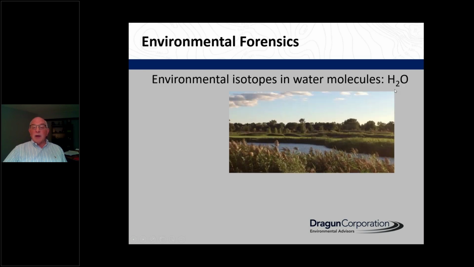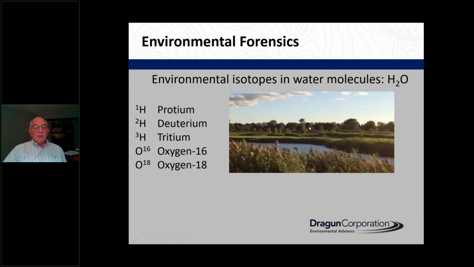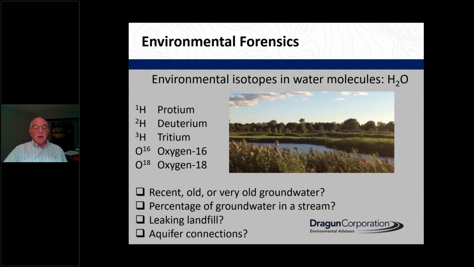So in the water molecule, H2O, we have 3 hydrogen isotopes. We actually have 3 oxygen isotopes, but we typically only use oxygen 16 and oxygen 18. And we can use this information to identify recent, old, or very old groundwater, tens of thousands of years, or last week's storm.